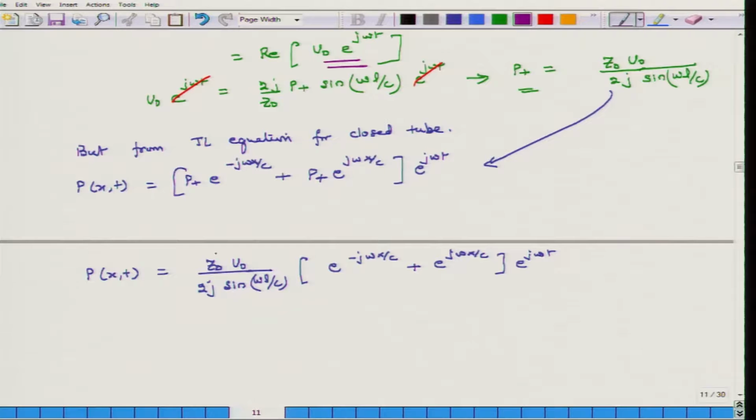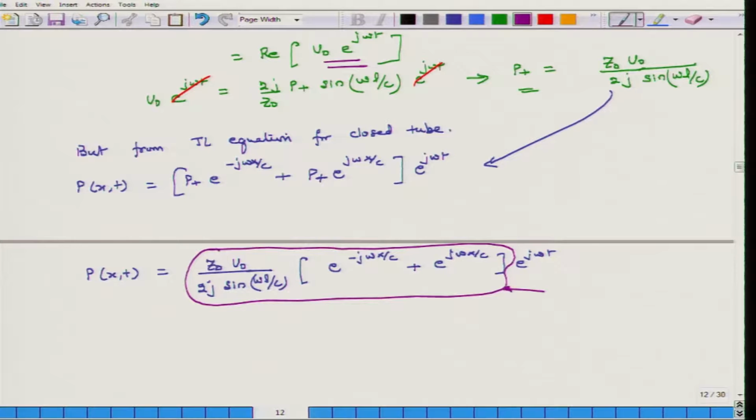e to the power of minus j omega x over c plus e to the power of j omega x over c, times e to the power of j omega t. Okay. This term is the complex amplitude of the pressure wave, and it can be written as P x omega.